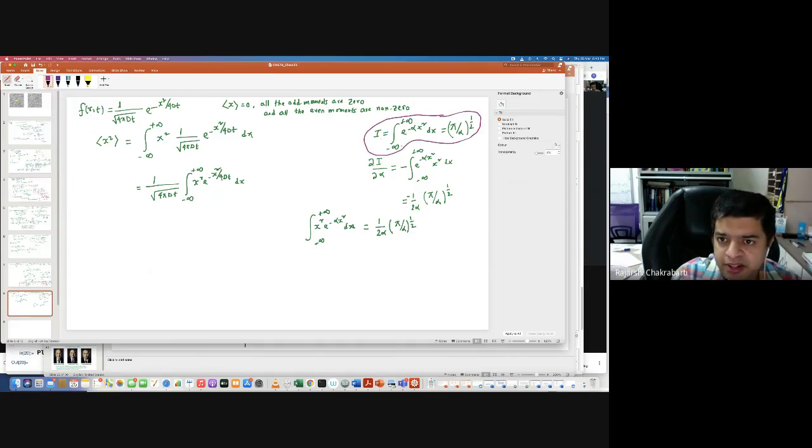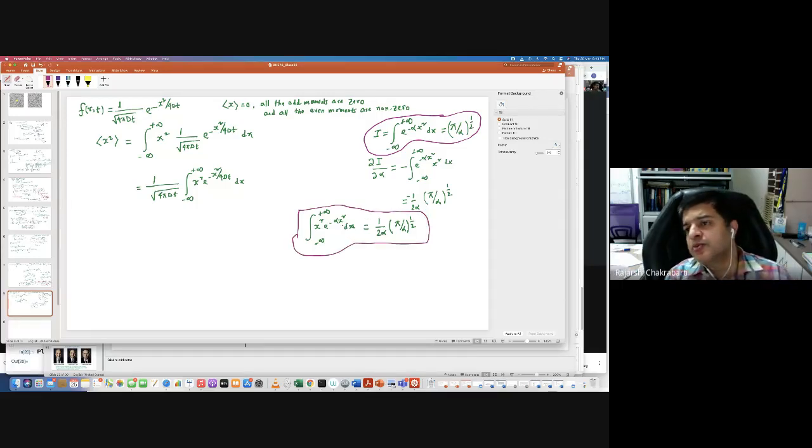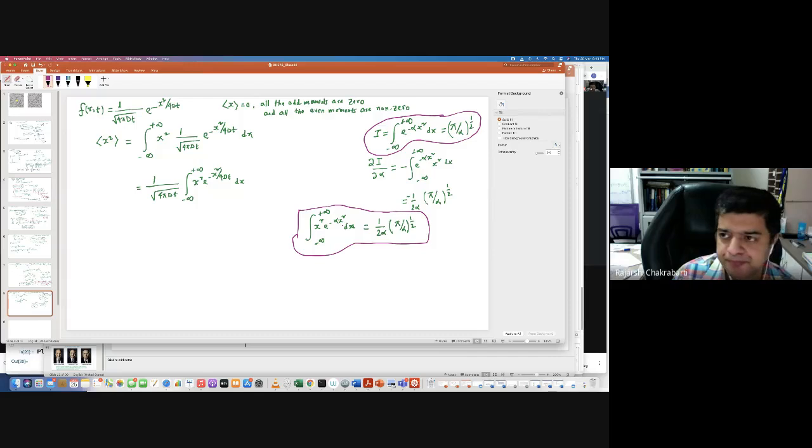If I differentiate this integral with respect to alpha, I'll get exponential minus alpha x square times minus x square. That's why I put minus outside. Similarly, I differentiate this with respect to alpha, I get this, and they are equal. So it basically means my x square into this is given by this. Essentially, this is the expression for the second moment.